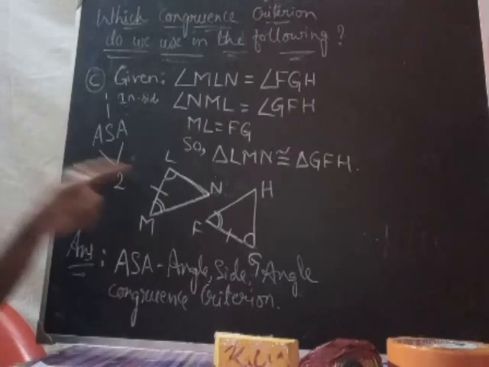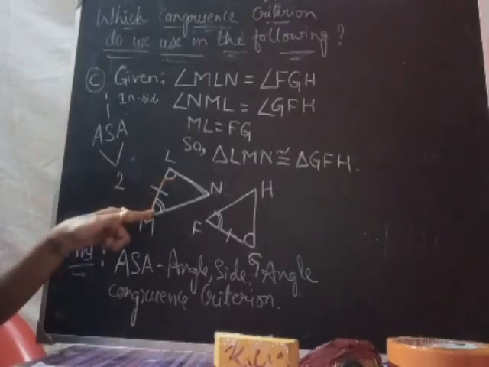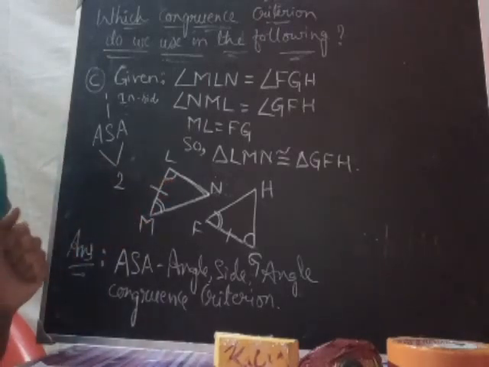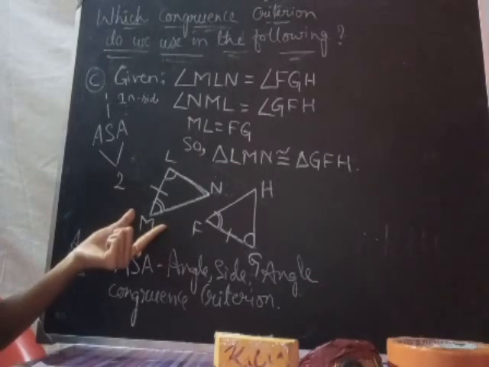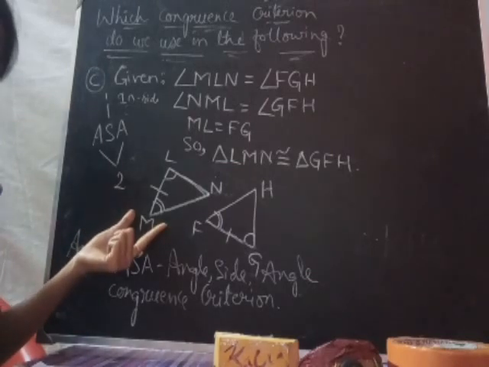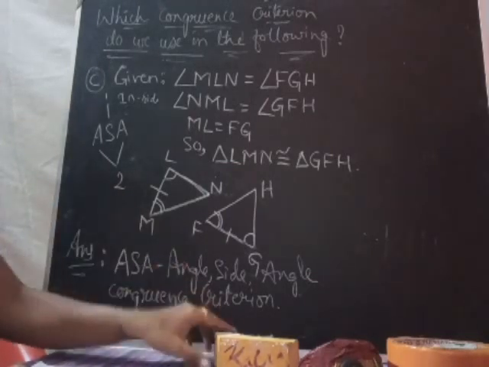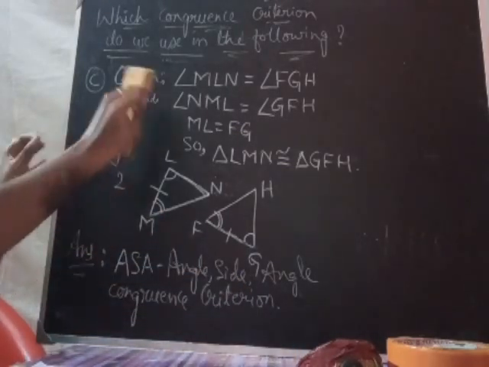They have given two angles and one included side. So this is the angle, side, angle congruence criterion. Next we'll see another one.